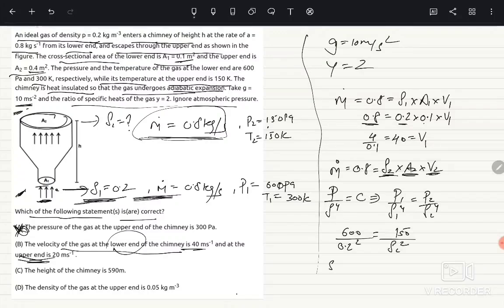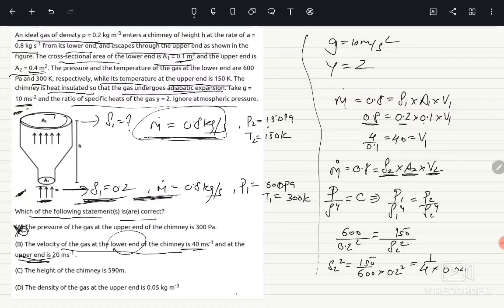So it can be arranged as rho 2 squared equals 150 by 600 into 0.2 squared. 150 by 600 is 1 by 4, and 0.2 squared is 0.04.